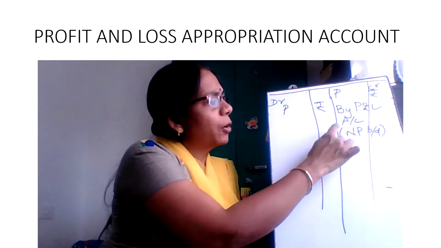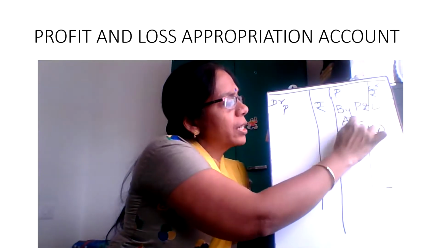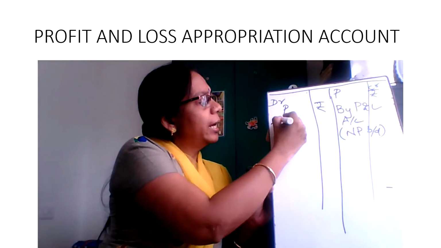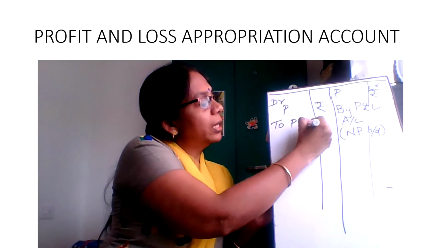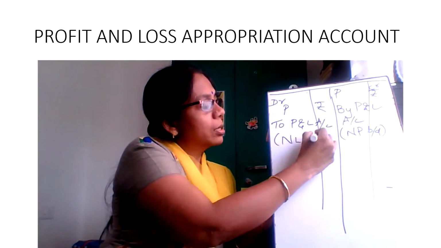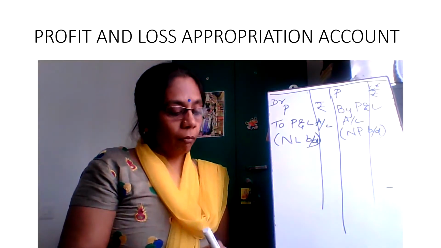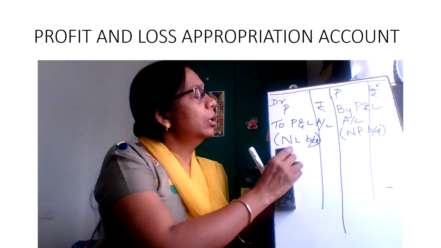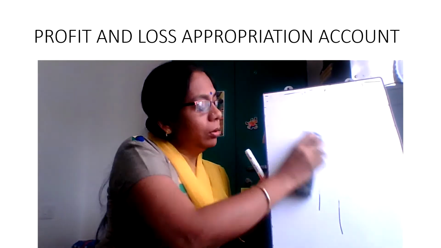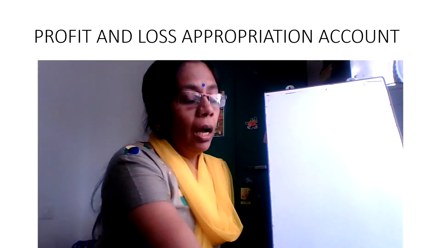If it is a net profit, you would say by profit and loss account, net profit brought down. If it is a net loss, you would rather say on the debit side, to profit and loss account, net loss brought down.